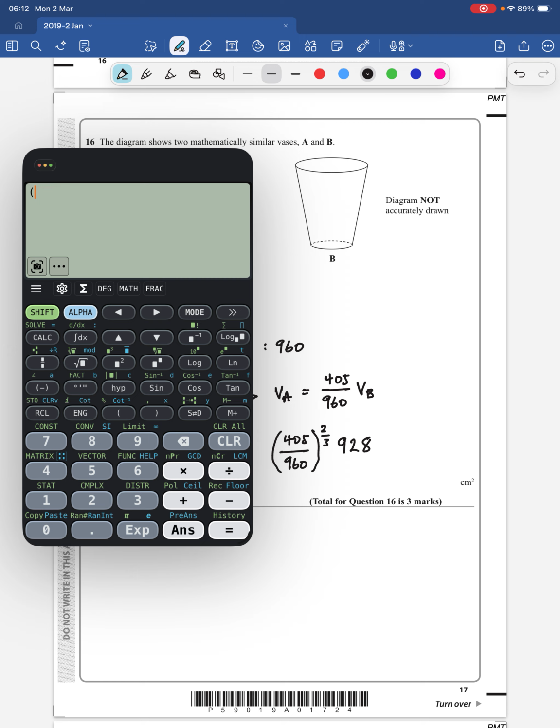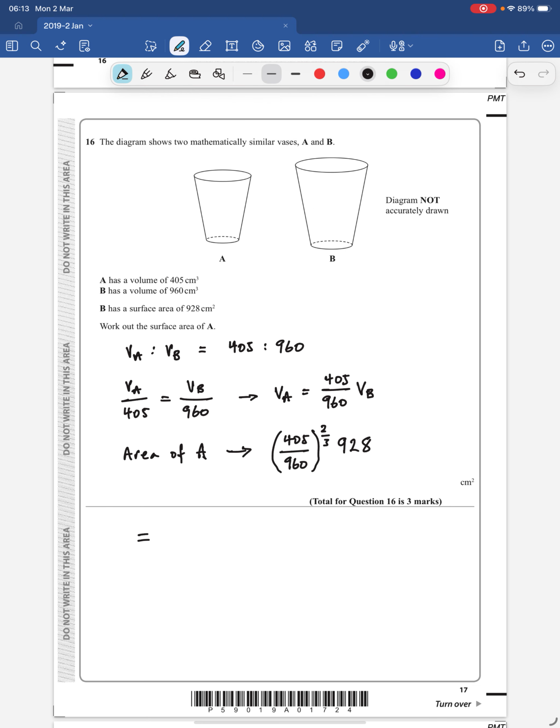I want something in brackets, and it's a fraction, so 405 over 960, and I'll put the bracket back there. I now want to raise this to the power of something. That power itself is a fraction, so it's to the power of 2/3, and I want to multiply that whole thing by 928, and that gives me the answer, which is 522.